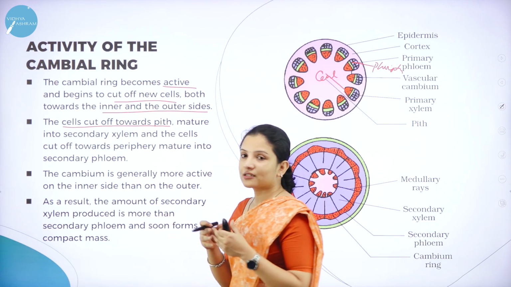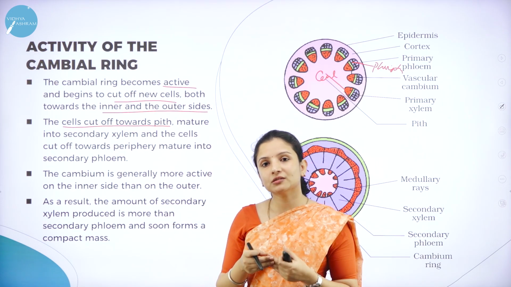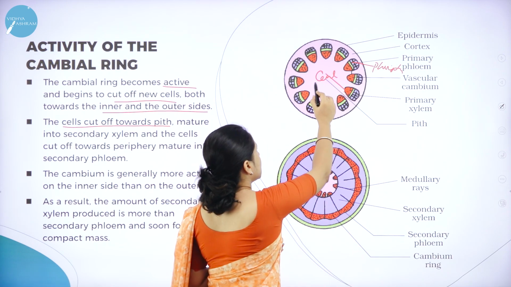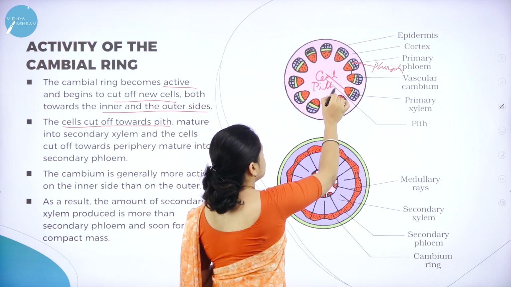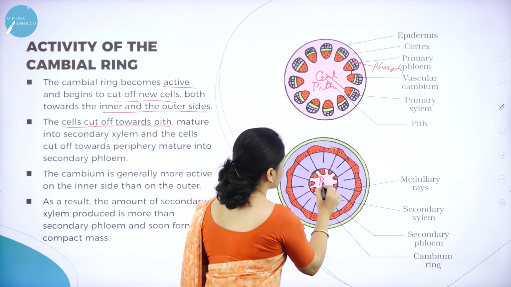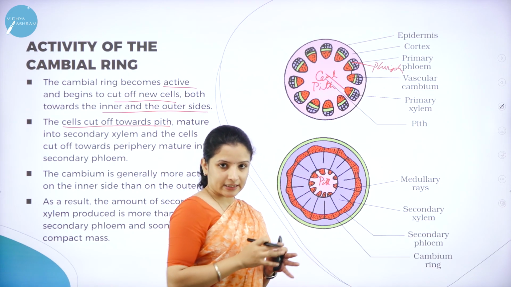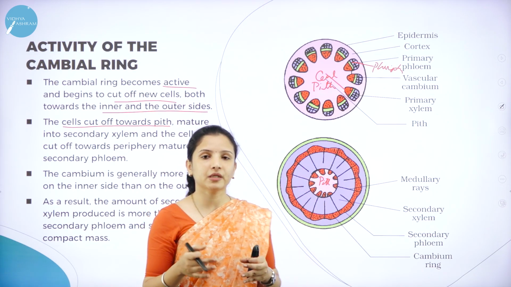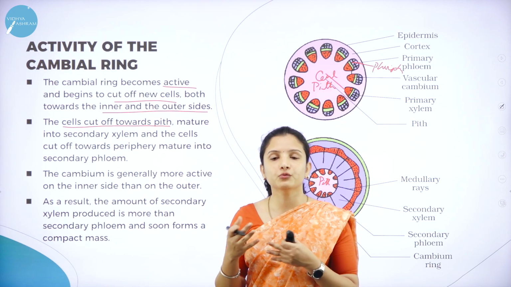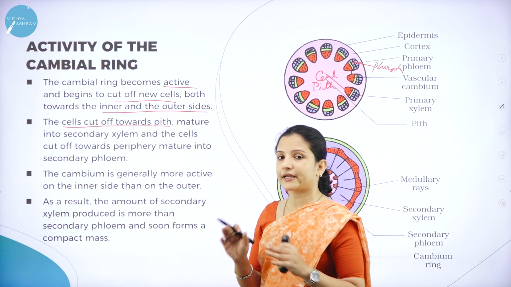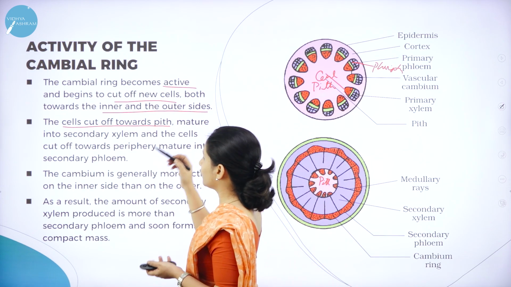So towards the pith, what is there? Xylem is there, right? The central part is always the pith. So towards the pith always xylem will be present. Away from the pith, towards the periphery, the phloem will be present.